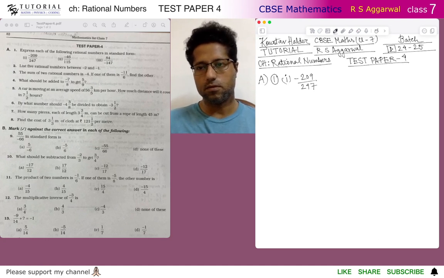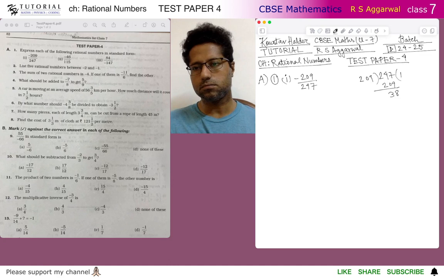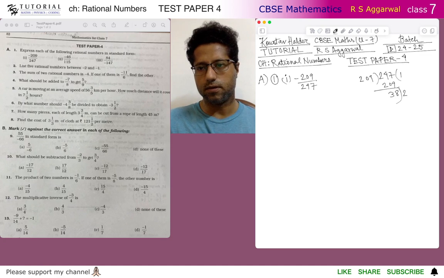We divide the greater number by the smaller number, and then we divide 209 and the remainder again, and continue.